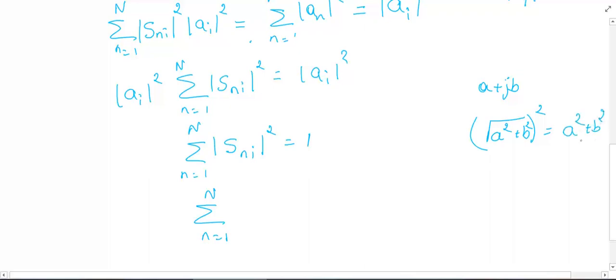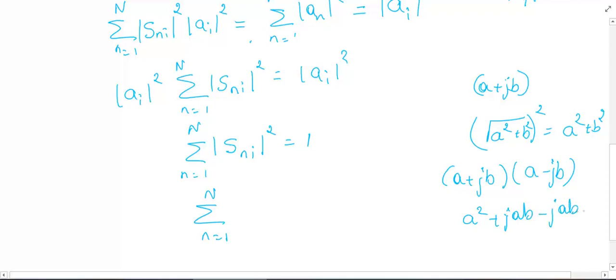Right, now I have the complex value as A plus JB. Now if I write the complex conjugate of this and multiply, that is A plus JB multiplied with its complex conjugate, which is A minus JB, right? If you multiply these two, you get A square plus JAB minus JAB minus J square B square, where J square is minus 1, that becomes plus B square.